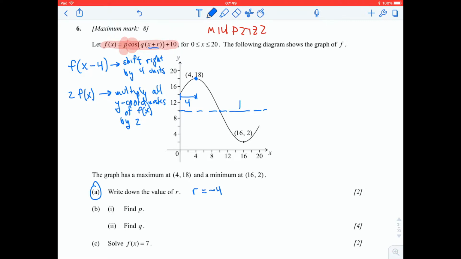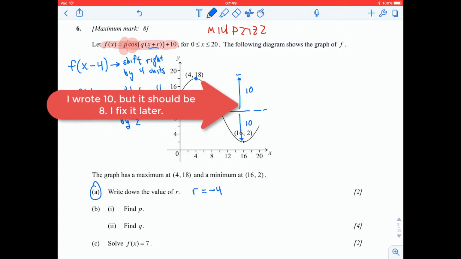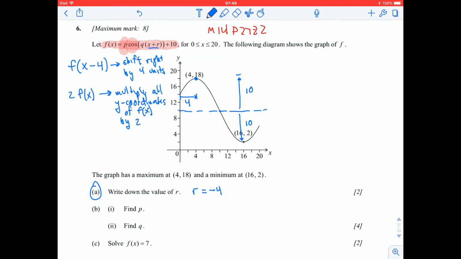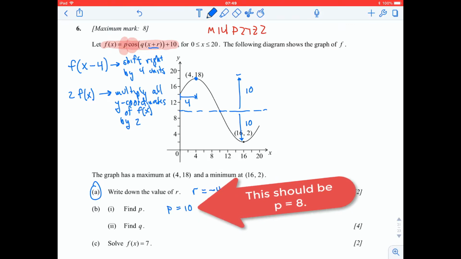So that means above this center line and below this center line, we can figure out that distance above and below, this is 10 and this is also 10. So from this, we can observe that the y values, in comparison to the regular cosine, which goes from -1 to 1, have all been multiplied by 10, which tells you that this p value has to be 10.